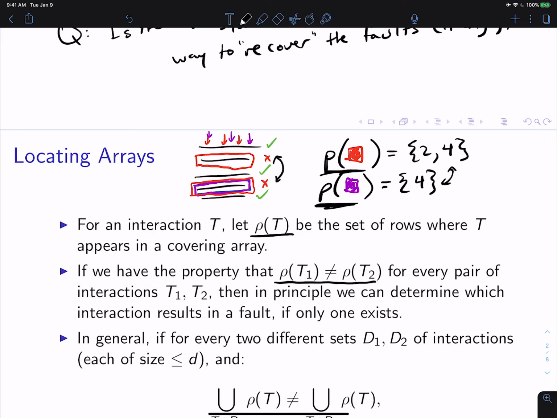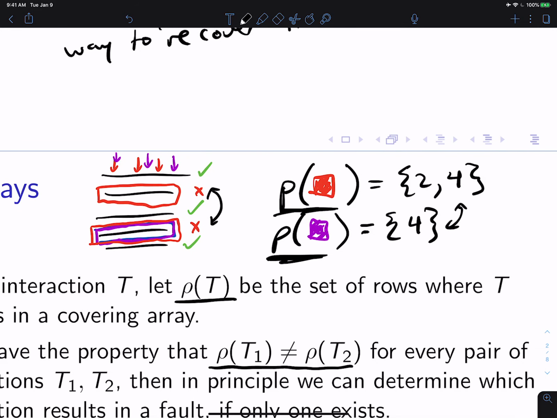So in the example that we have here, rows 2 and 4 failed, and if the thing on the left is a locating array, then we can guarantee that the red interaction is the one that caused the fault, because no other interaction appears in rows 2 and 4 exactly.